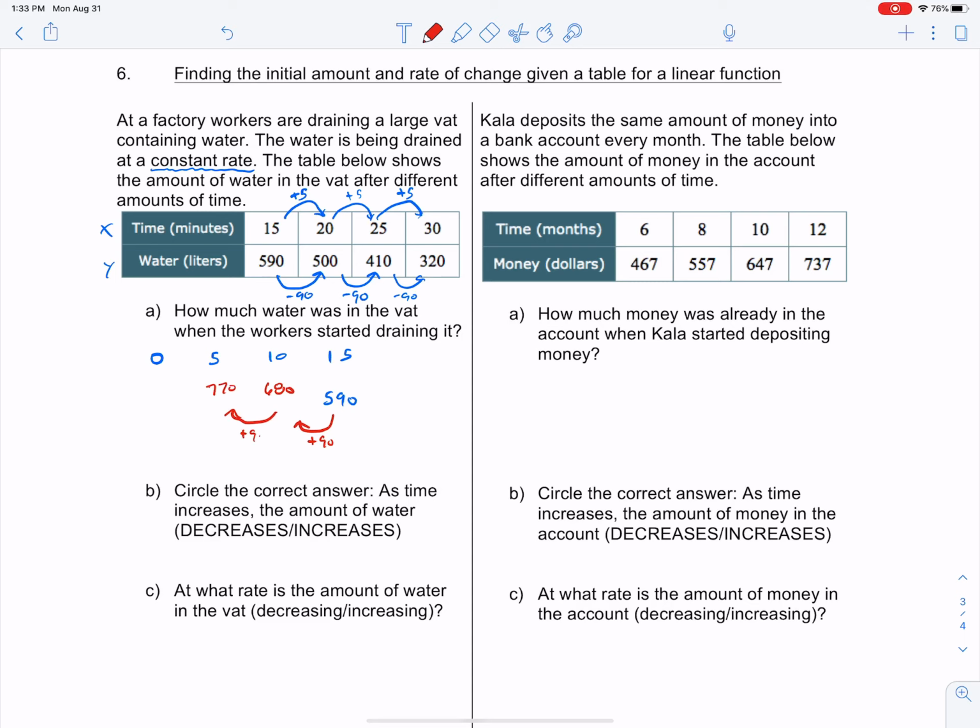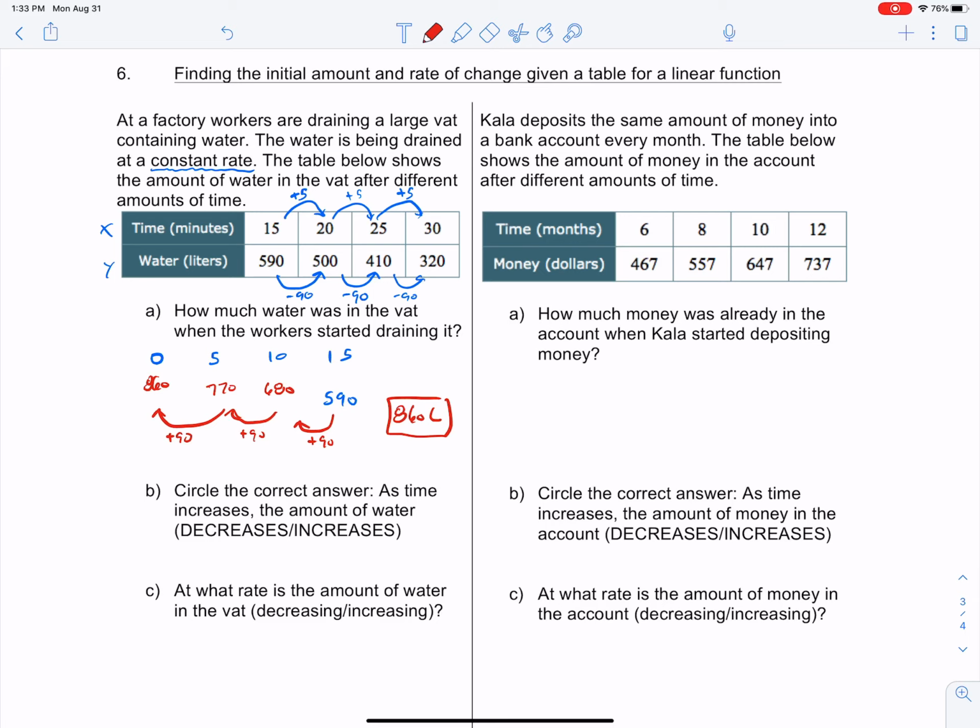And then 770 plus 90 is 860. So when the time started, the amount of water within it was 860 liters. And that's possible because the rate of drainage was constant the entire time.